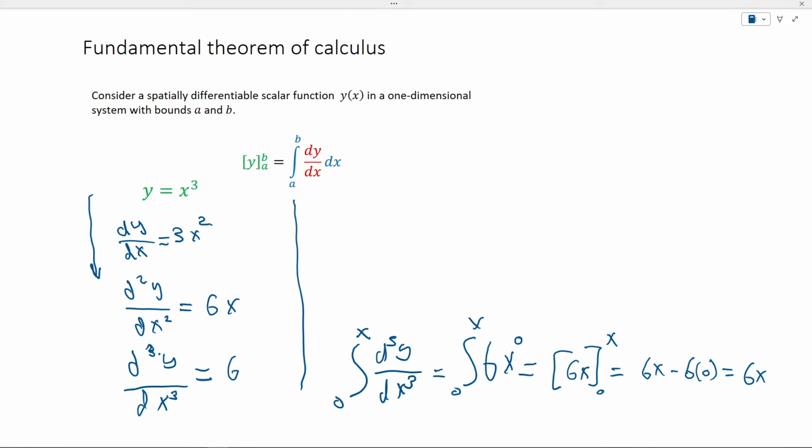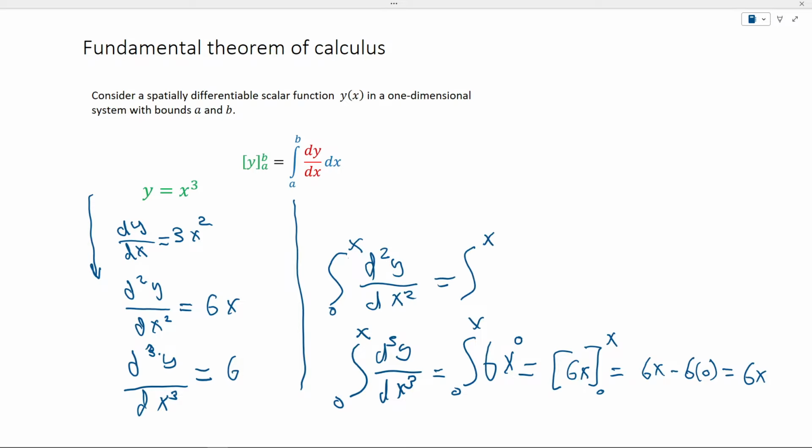This guy. So exactly like here when I was differentiating, when I integrated the third derivative, I got the second derivative. Can I do it again here? Can I integrate from 0 to x d2y over dx squared?